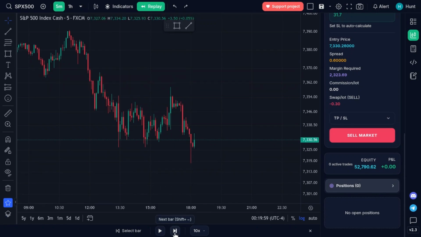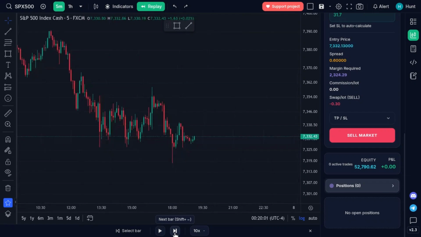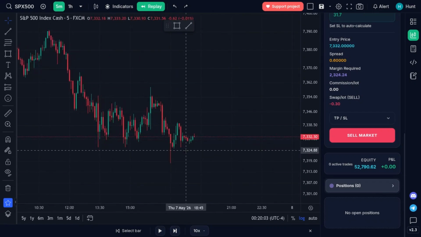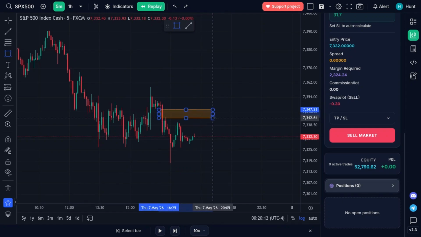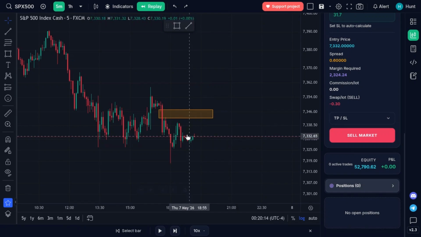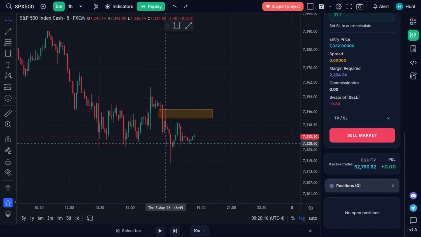So we will wait for more engineered sell side. Okay, so we're kind of starting to engineer sell side. However, if I was to enter, I would want to see price tap up here. We do have this order block here.